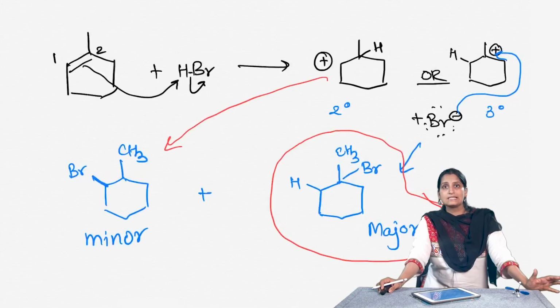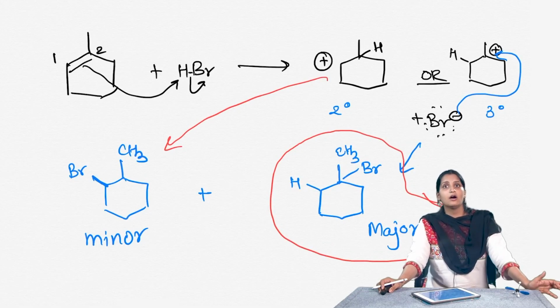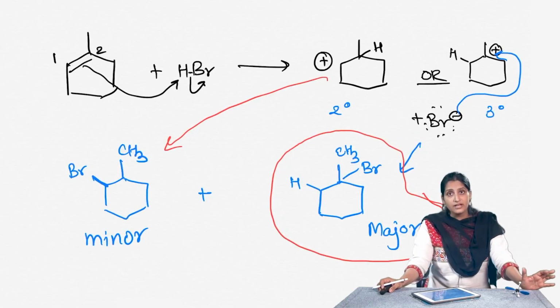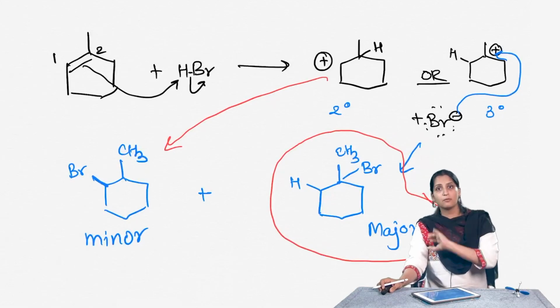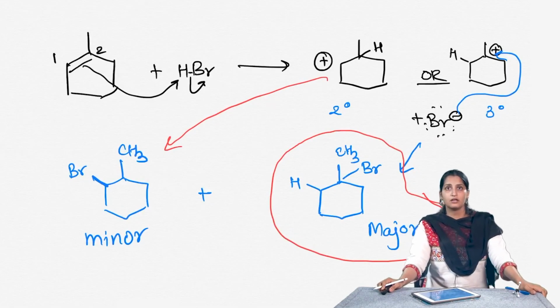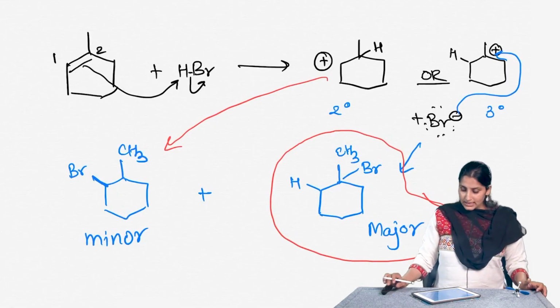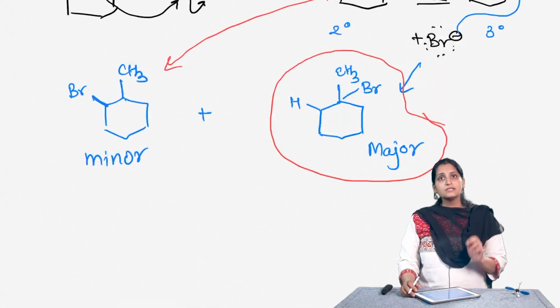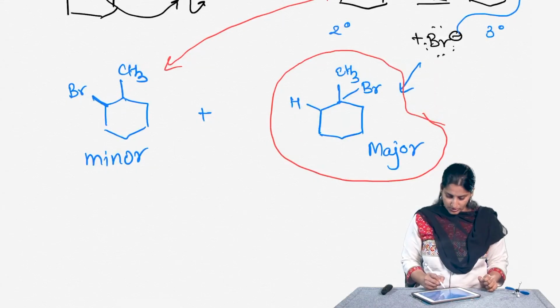So, in both cases the more stable tertiary carbocation is formed, that is what we saw. It is formed much more rapidly than the less stable secondary carbocation. So, the major product of each reaction is the one that we are forming from the tertiary carbocation. If you really see these two products, the major and the minor product here, these are constitutional isomers of each other.